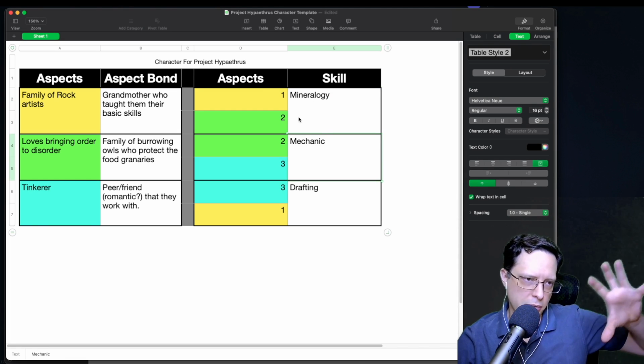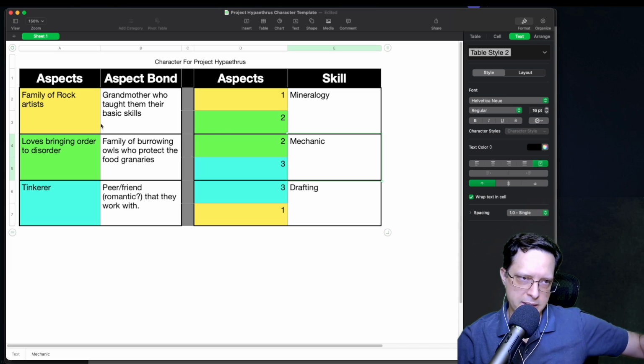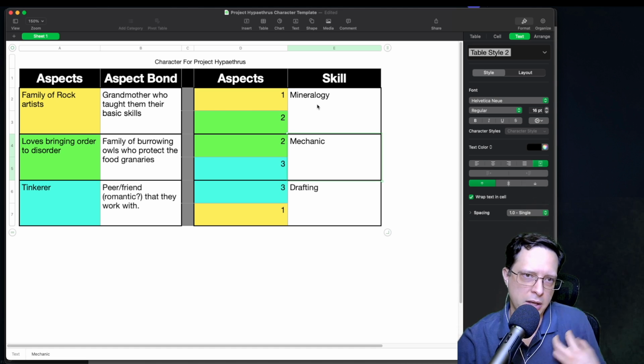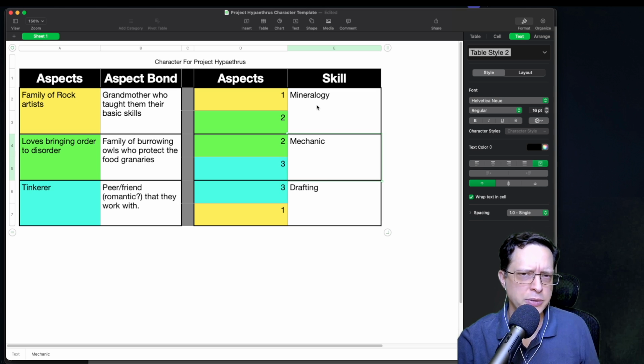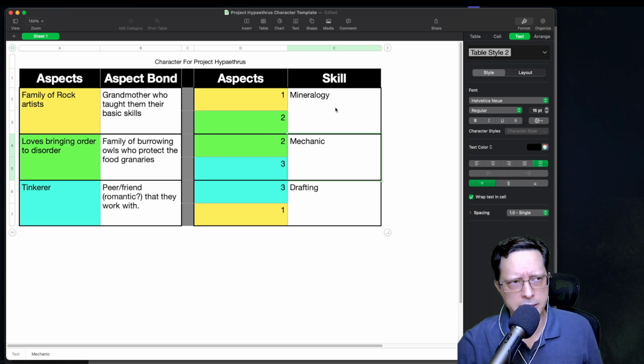Combining together Order to Disorder and the family of rock artists, I'm thinking that would result in them having a lot of natural skill when it comes to things like mineralogy and geology.